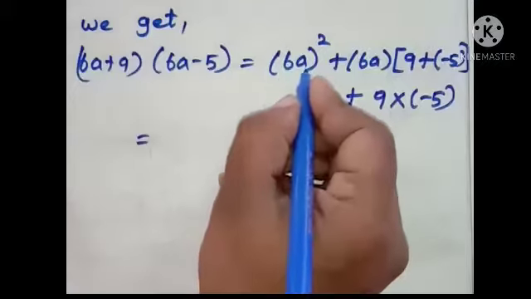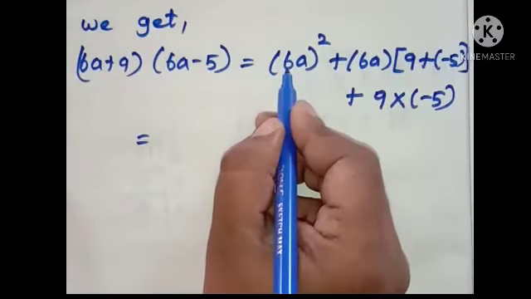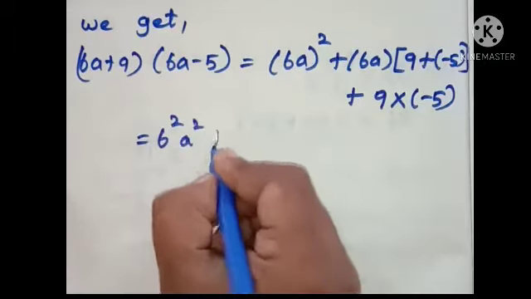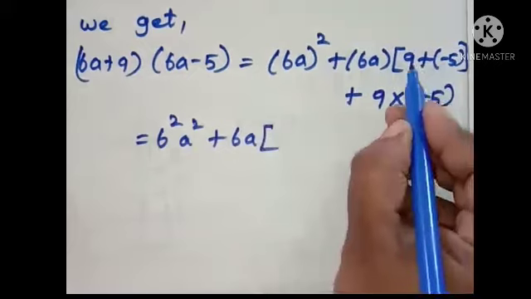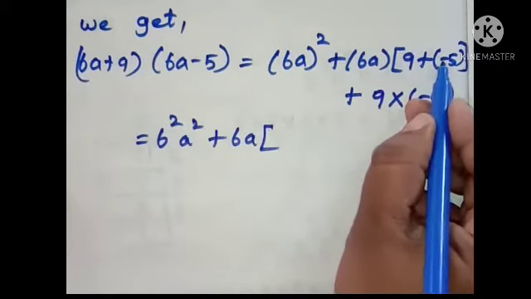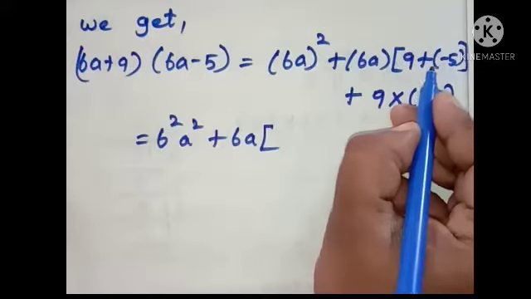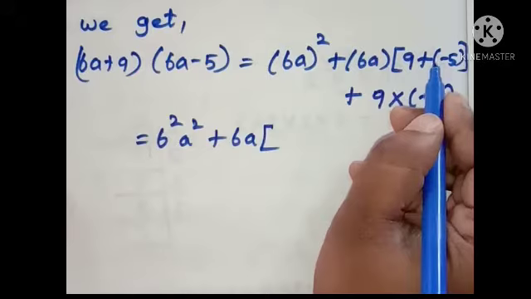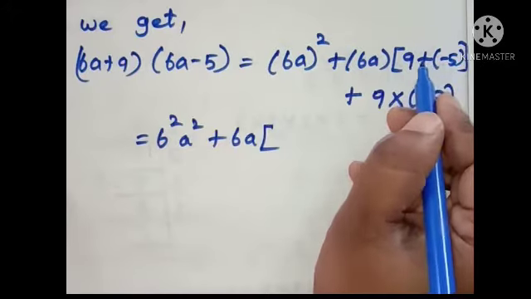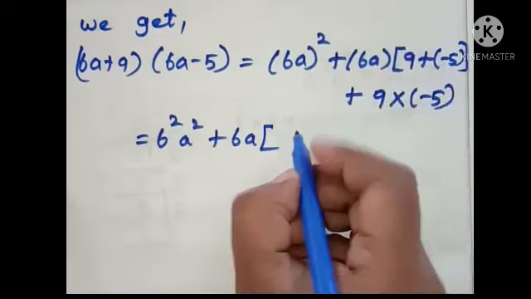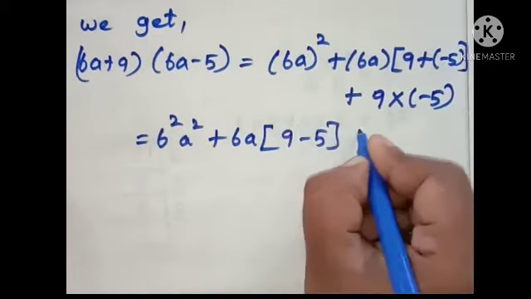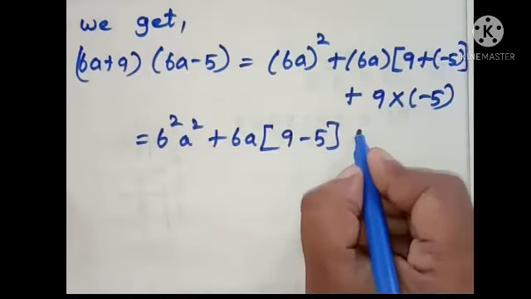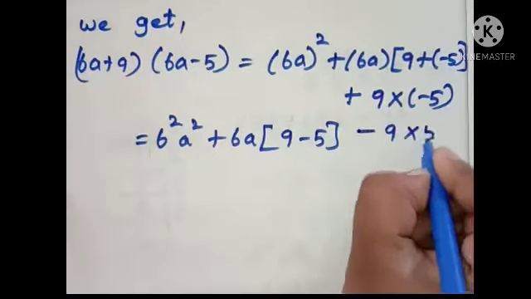In the next step, the square is common for both 6 and a, that is 6²a². 6a into 9 plus into minus is minus. This is by using the integer rule, that is the sign rule. Multiplication of plus into minus is minus. So 9 - 5, and here again plus into minus, minus 9 into 5.